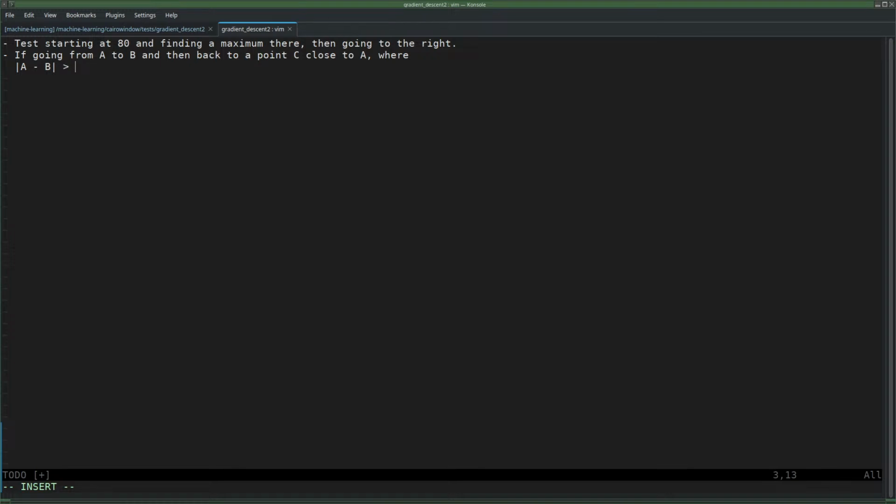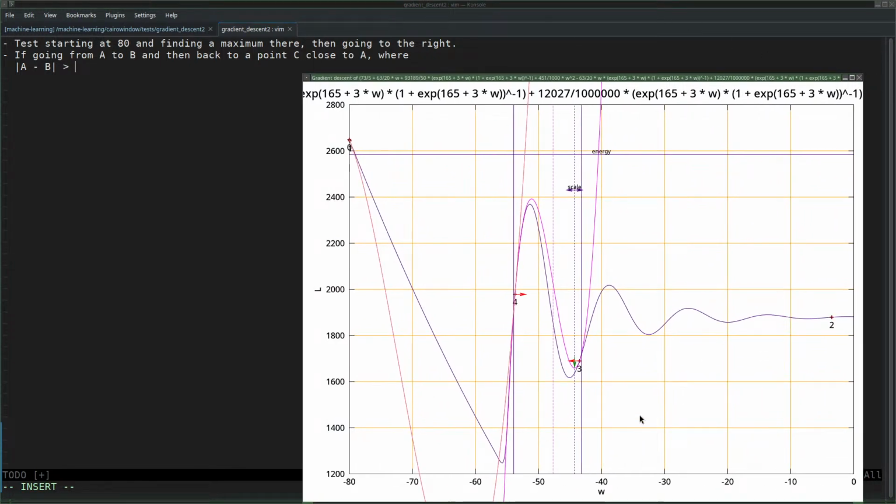Yeah, I don't know. What does my gut tell me? In this case, we go from 3 to 4, and then we jump back to this point, which is very close to 3. That tells me that 4 isn't very good, because apparently we want to be in this neighborhood, and now we're stuck with a point that is far away.